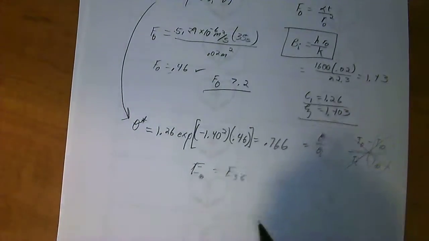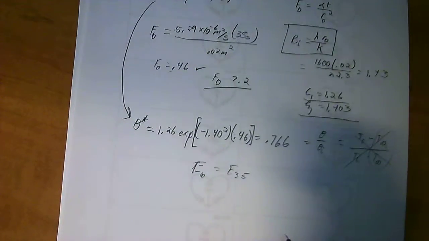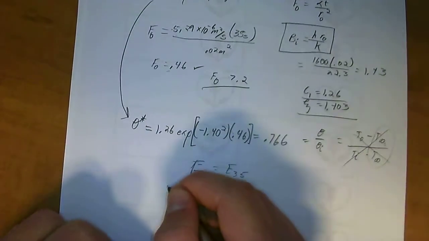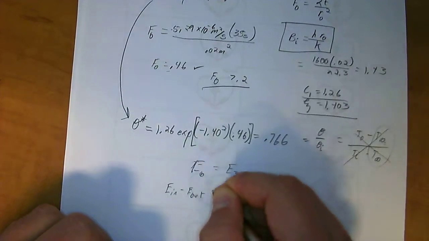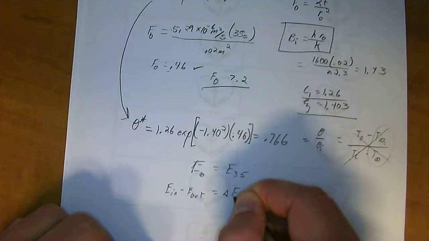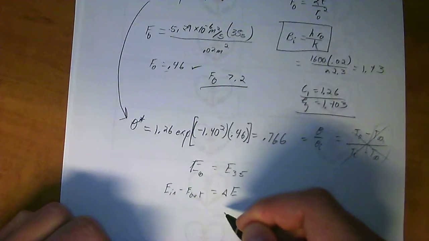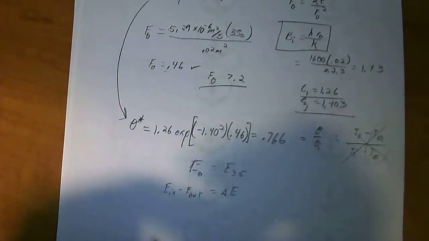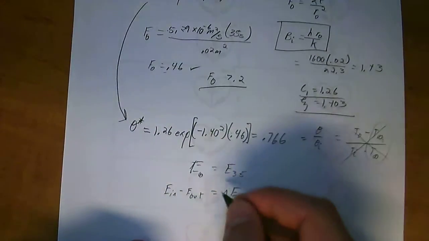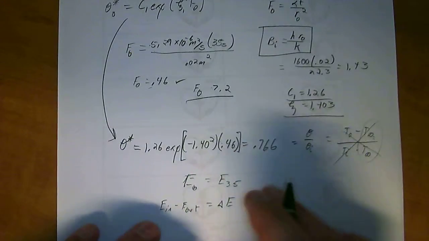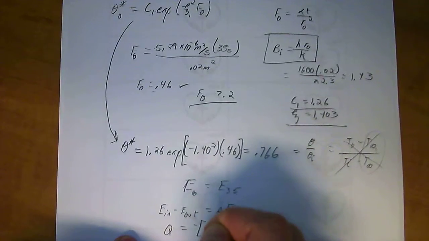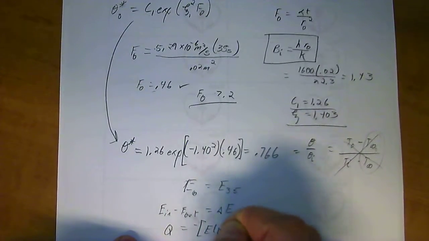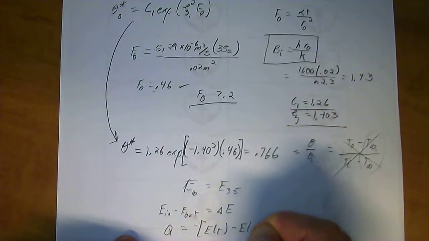So if you go ahead and set up that energy relation, what you'll end up with is E in minus E out, just write this all out, is equal to delta E, which is storage, basically.